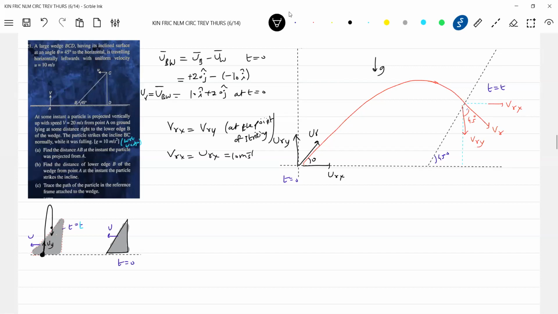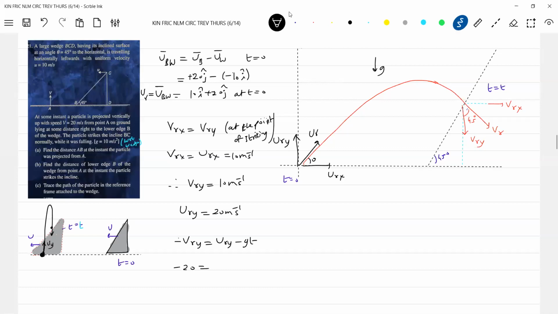So do we know VRY? Yes, we know VRY. Therefore, do we know URY? URY is 20 meters per second. Am I right? Can we calculate the time? Minus VRY equals URY minus gt.